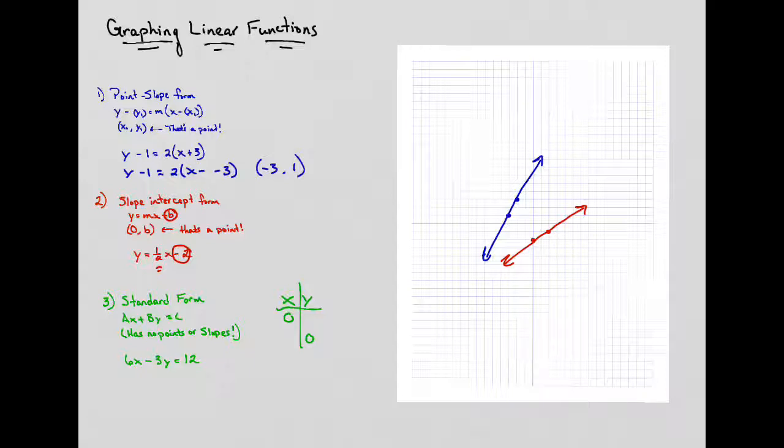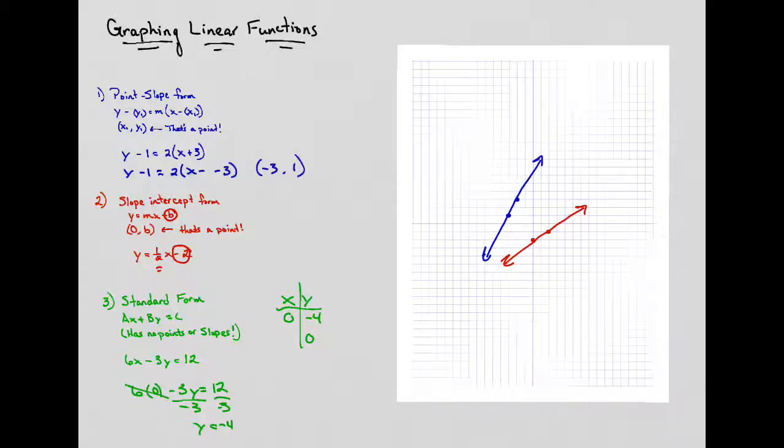So if I do this and make this 6 times 0 minus 3y equals 12, then 6 times 0 is 0, that part cancels out, and what I'm left with is a negative 3y is equal to 12. In this case, all I need to do is divide by a negative 3 on both sides, and I've got y is equal to a negative 4, so I'm going to have a point at negative 4 for my y when my x is 0.